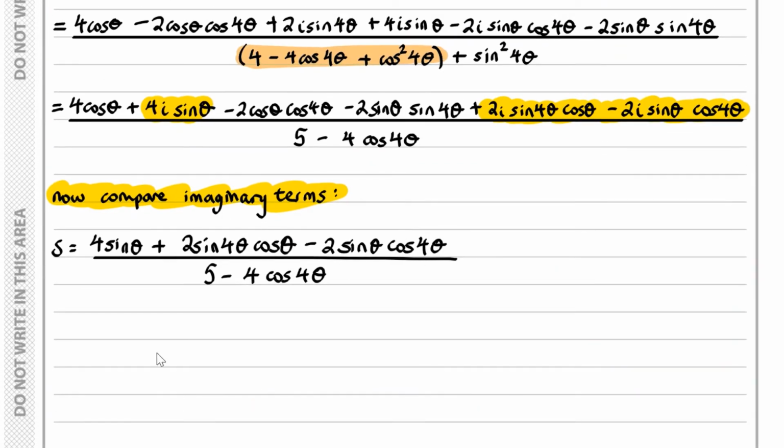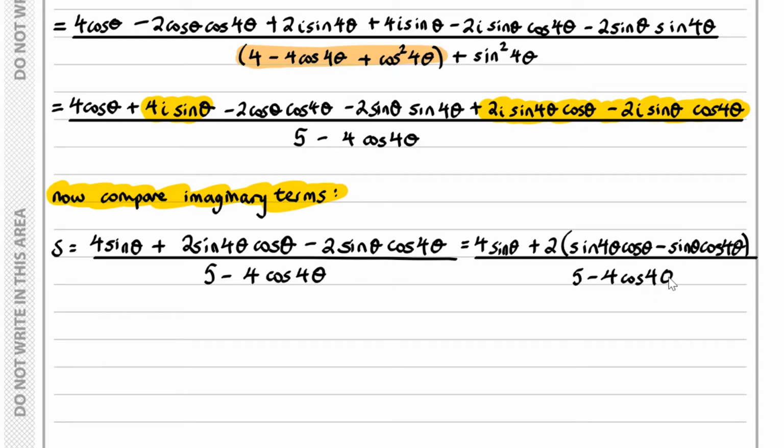So if we factorize out the 2 on the top, you'd find s to equal 4 times sine theta plus 2 lots of sine 4 theta cos theta minus sine theta cos 4 theta. On the bottom we have 5 minus 4 cos 4 theta.